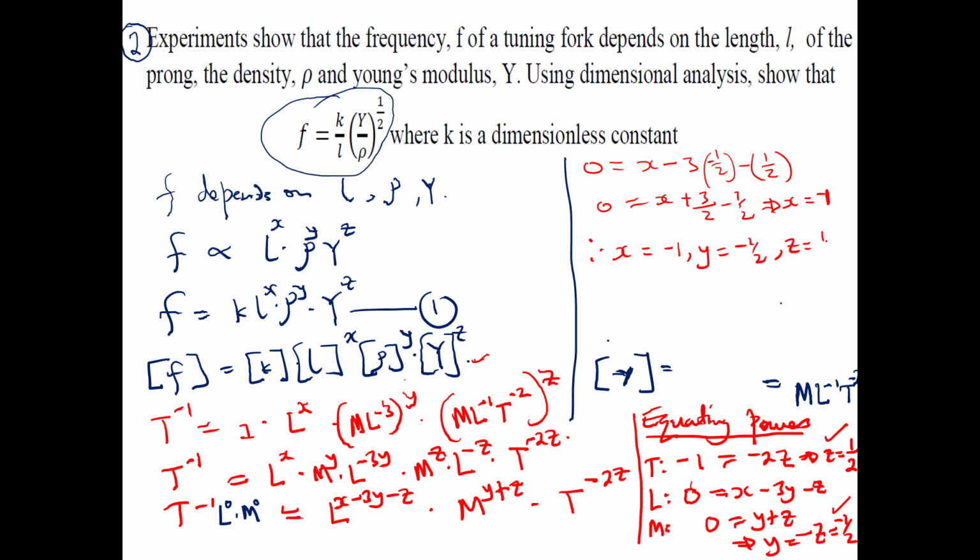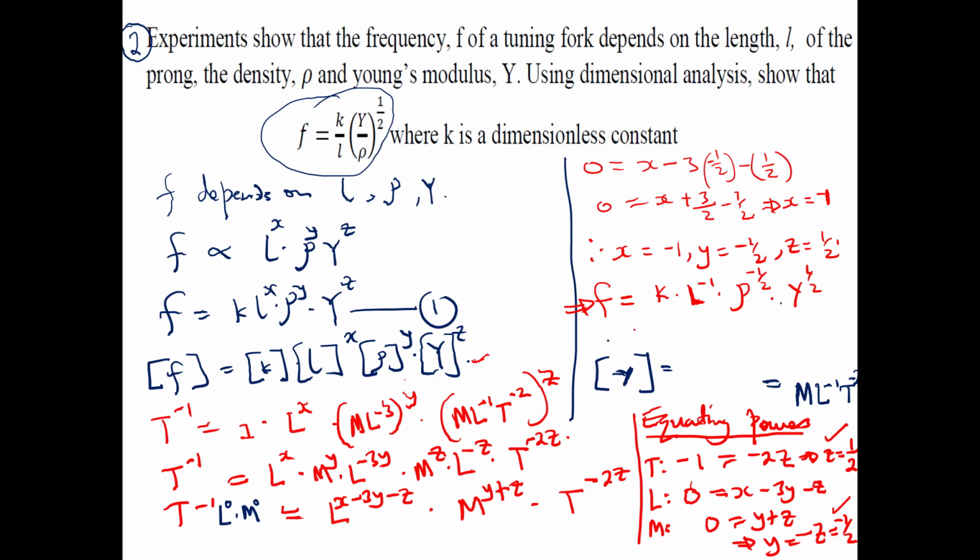So substituting this into my equation 1, I'll be ending up with my f equal to constant k times L power minus 1, then times the density power y, which is negative a half, then times the Y, capital Y, power z, which is a half.